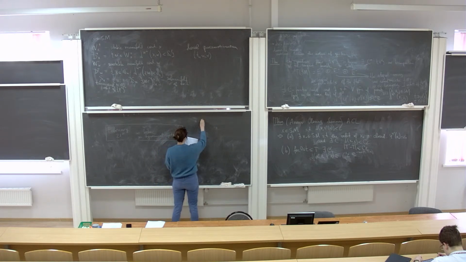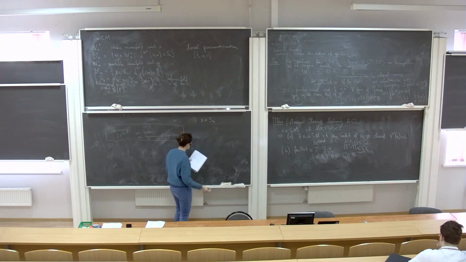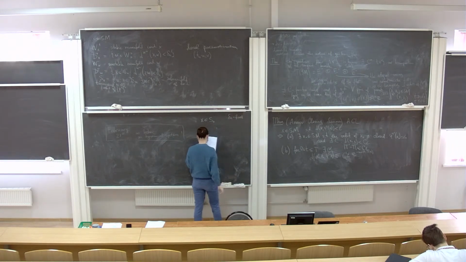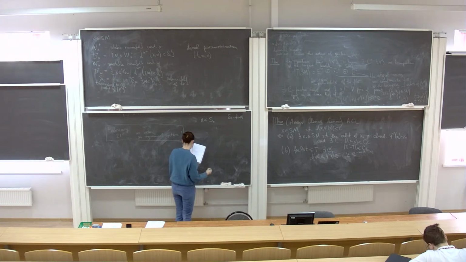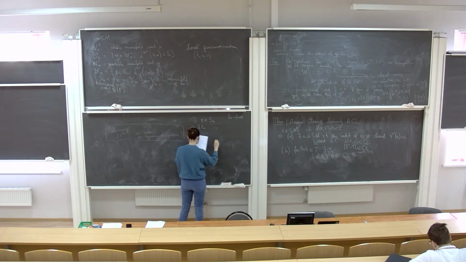So we consider a point x that lives in S_x with some fixed delta. Then I claim that there is a T0 with the following properties.